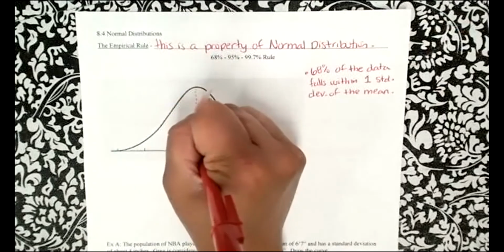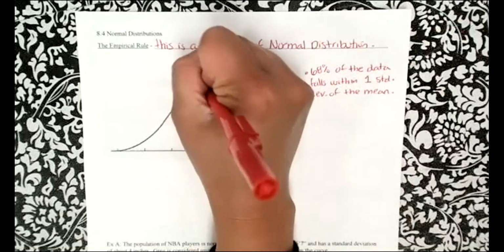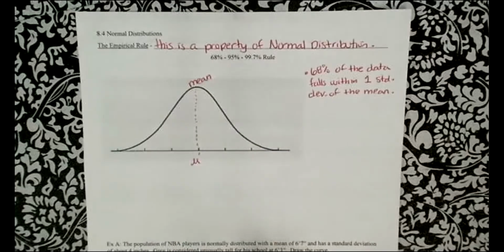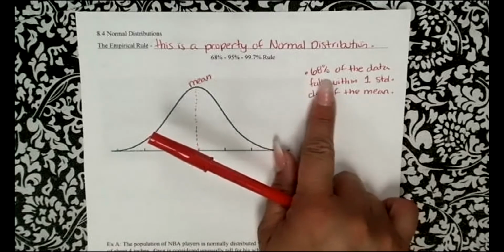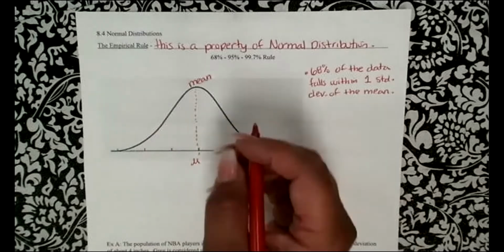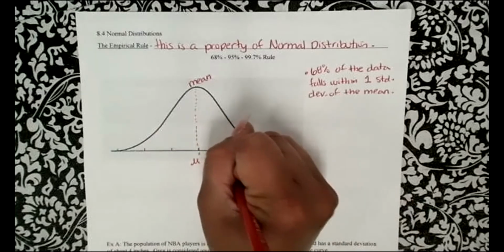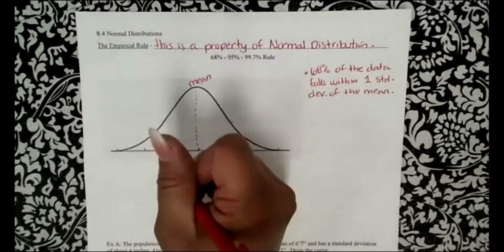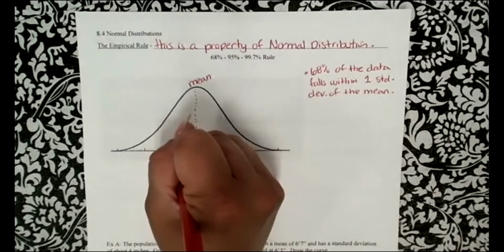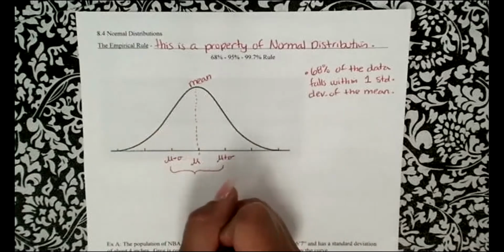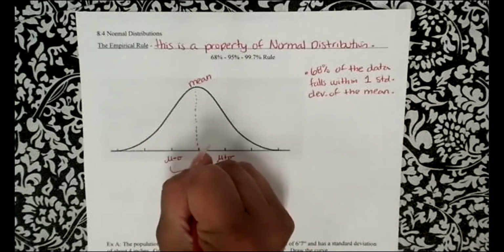This is going to be the mean. Now, 68% lands within one standard deviation. Well, this is going to be the mean plus one standard deviation, and this is going to be the mean minus one standard deviation. So technically, within this region lands 68% of the data.